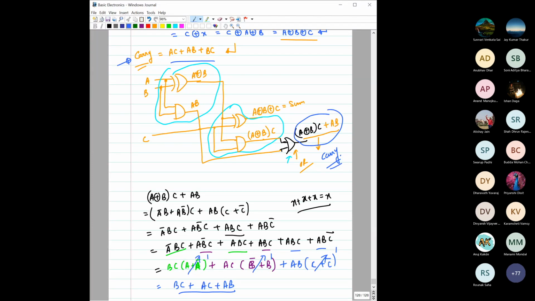Is this part clear to you, or do you have any doubt here? Any doubt? No, sir, it's clear. Okay, it's easy only, right? It's some simple manipulation only.